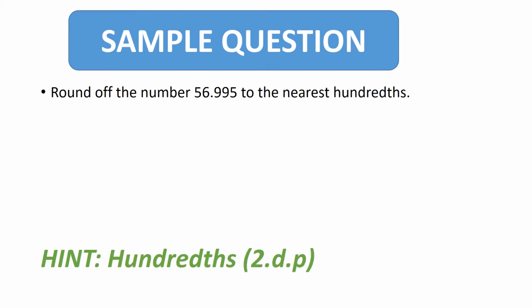Next question: round off the number to the nearest hundredths. Remember, tenths represent 1 decimal place, hundredths 2 decimal places, and thousandths 3 decimal places. This number has 3 decimal places. You need to draw a line here, and then look at the number behind it. We said if this number is 5 or more than 5, you're supposed to add 1.